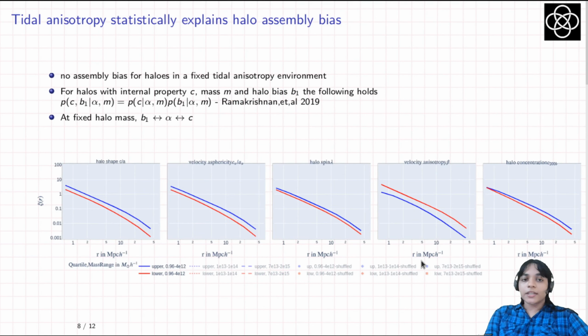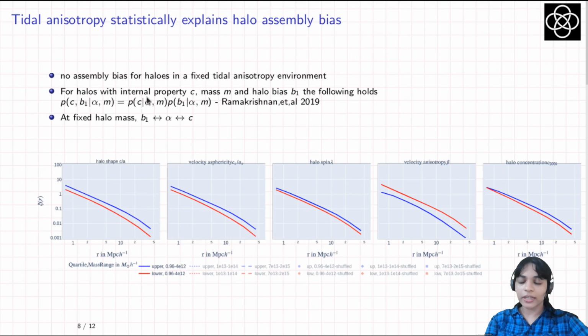A number of studies find that tidal anisotropy has an important role to play in the assembly bias signal. In previous work, we have shown that the assembly bias signal vanishes for halos in a fixed tidal environment.